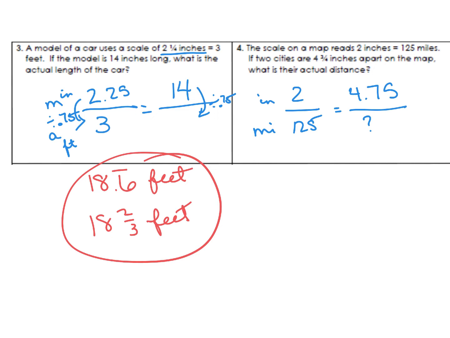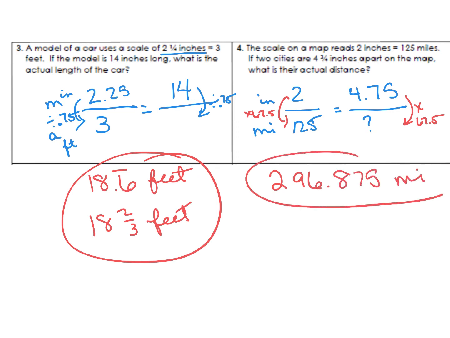So let's see, which way is the best way? I'm going to go up and down. I'm going to do things a little bit different. So I did 125 divided by 2, so I'm going to multiply by 62.5. I get 296.875 miles. And there you go.